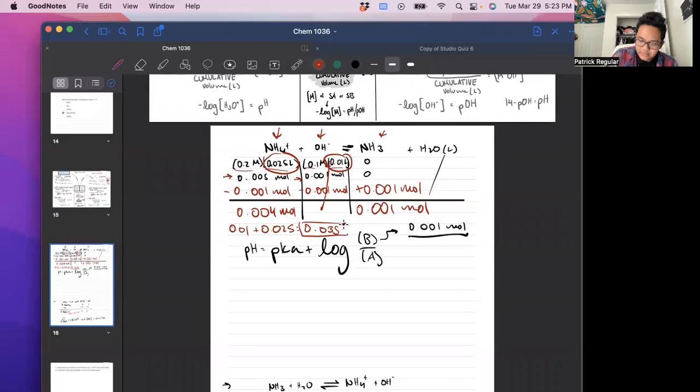That's our total volume, 35 milliliters, 0.035 liters. 0.004 mole all over 0.035 liters. Though they do cancel out, it doesn't hurt to check.